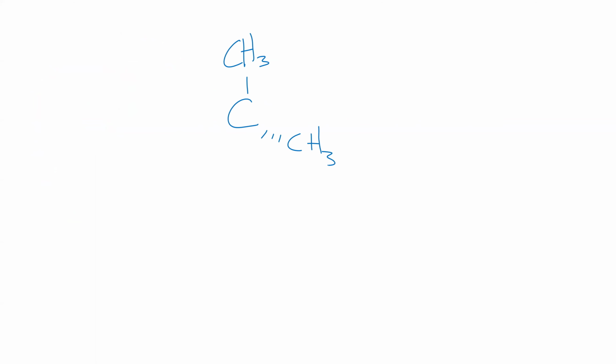So it goes through that umbrella flip, which doesn't really matter because it's not a chiral carbon. Our leaving group has left. And now we don't just have OH attached here, we have H2O attached.